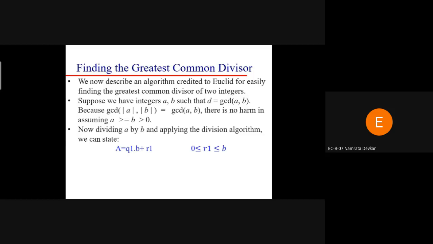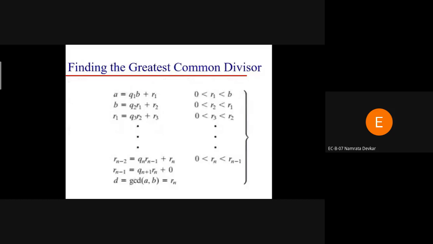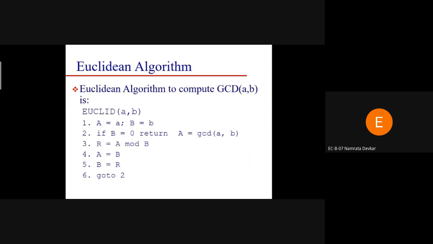Every time we have to divide the particular number and compare which is the common divisor, so we use the Euclidean algorithm to find the greatest common divisor.